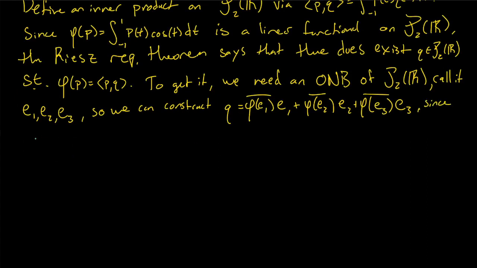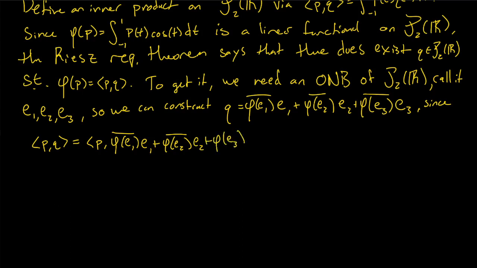Since, watch this, the inner product of P with Q would then be equal to P inner product, wrong side for the brackets, P inner product with phi E1 bar E1 plus phi E2 bar E2 plus phi E3 bar E3. Okay, and all we have to do now is to put everything together.